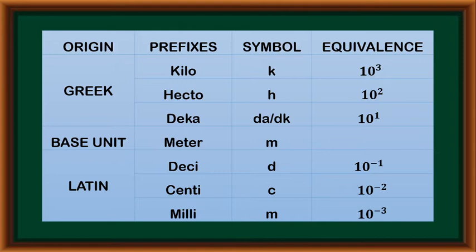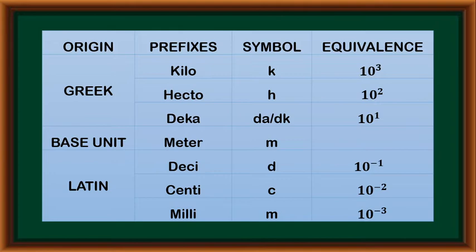And for the Latin prefixes, we have deci, which is small letter d, that is equivalent to 1 over 10, or that is 10 raised to negative 1. And we have another, centi means what? 1 over 100, or that is 10 raised to negative second power, which is in the symbol of small letter c.